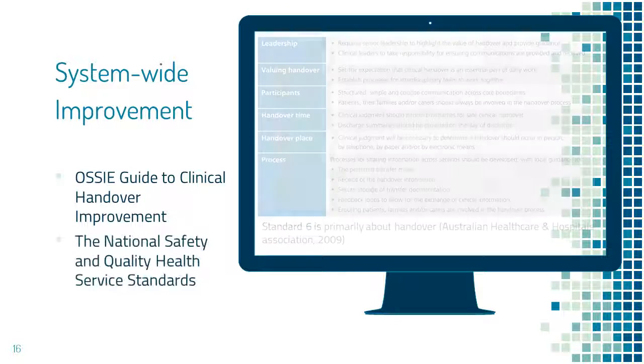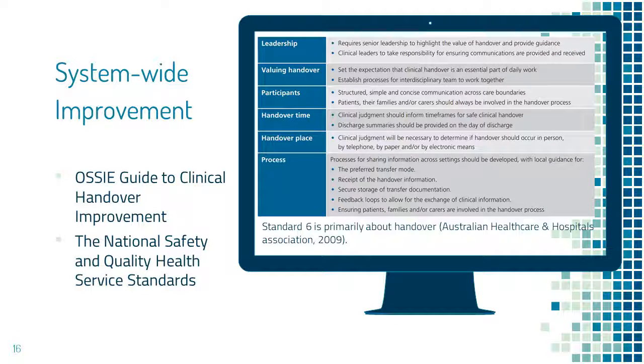Policies within New South Wales Health were implemented according to the National Safety and Quality Health Service Standards, Standard 6. Clear directives were given to guide the structure and process for safe clinical handover. They include patient, family, carer involvement, leadership, handover participants, handover time, handover place, handover process, and documentation.